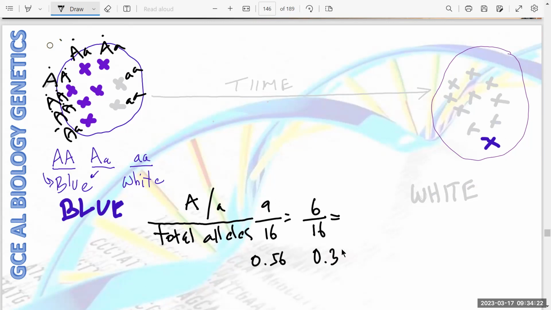Okay. So even the purple flower can also have small a. Yes, these two, right? Yes. So this one is a white.